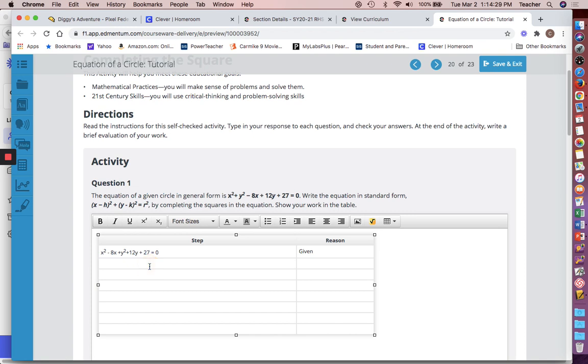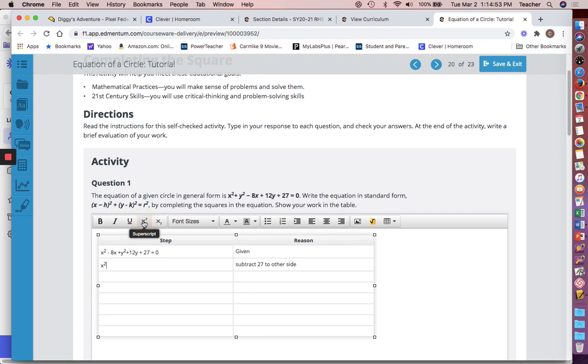Next thing, I need that 27 to be on the other side. So I need to subtract 27 to the other side. All right, so I'm just going to keep the x squared and the x together. I'm going to keep the y squared and the y together. The only thing I'm doing right now is subtracting 27 to the other side. X squared stays the same.